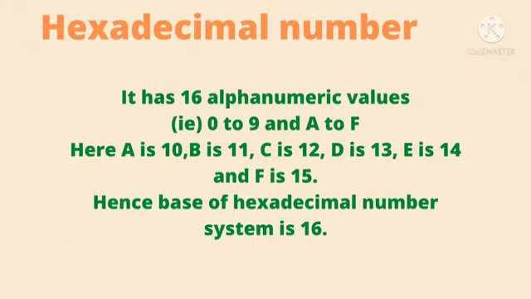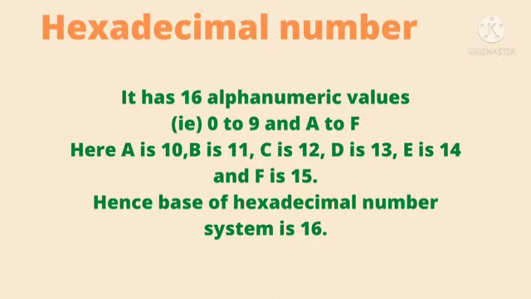Not only that, it will also have alphabets from A to F, that is A, B, C, D, E and F. So 9 வரைக்கும் numbers இருக்கு. After 9 you have alphabets. Each alphabet will represent one number, that is A is 10, B is 11, C is 12, D is 13, E is 14 and F is 15.